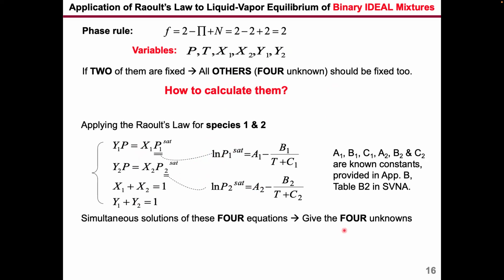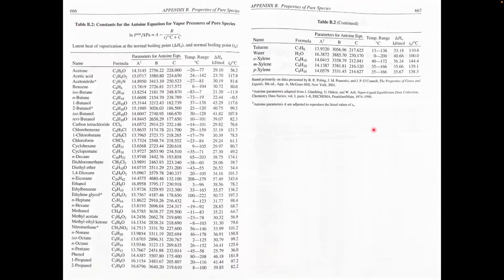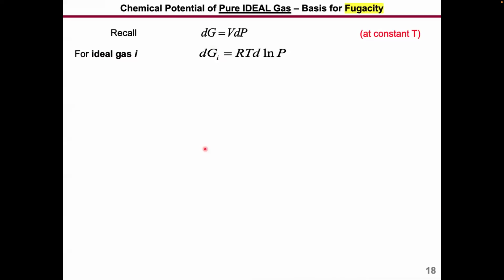So that's how you figure out these thermodynamic properties using Raoult's law for a system that is in the liquid vapor equilibrium for a binary ideal mixture, okay? So for example, these are just the Antoine equation A, B, C constants for different types of species, right? Just for your information.